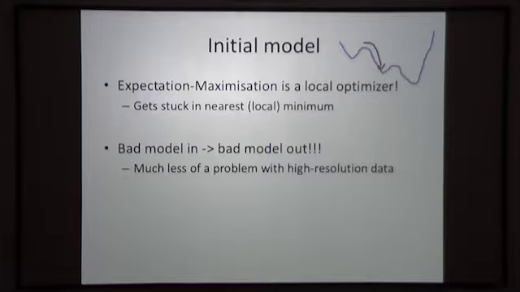Or in other words, if you give it a bad initial start, if the orange puppet that you start with is bad, then you might end up with something that still looks like the orange puppet, but is actually not a true reconstruction of Jan, even though it's a reconstruction made only from images of Jan.